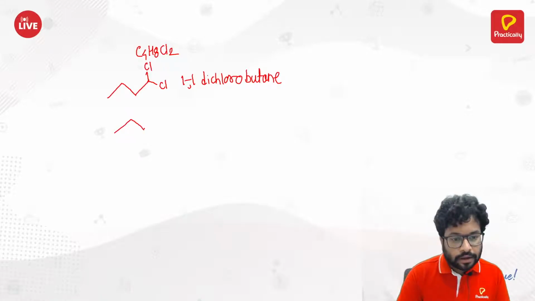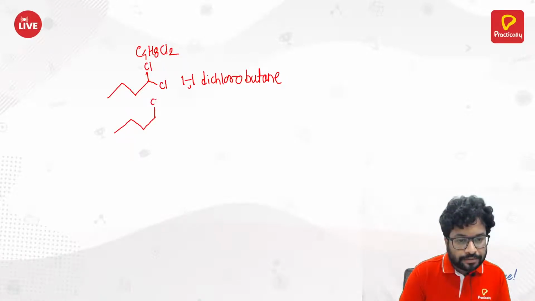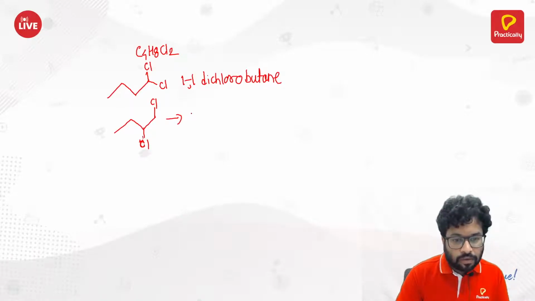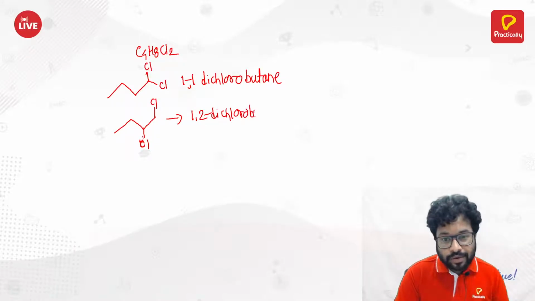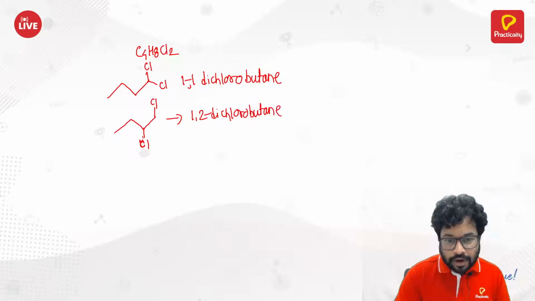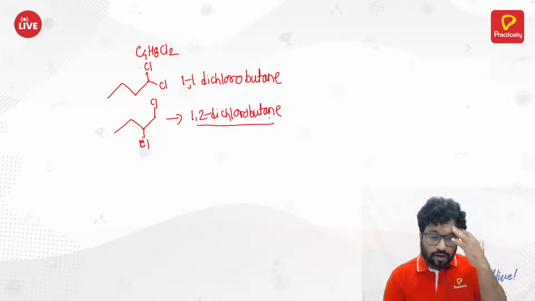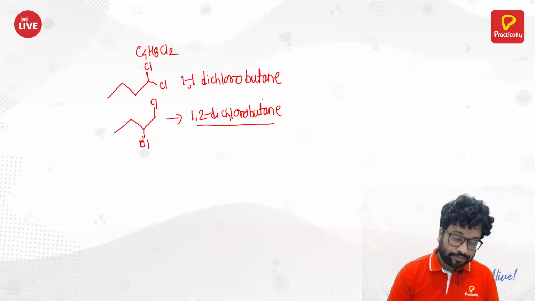Or get this chlorine. What do you name this compound now? 1, 2 dichlorobutane. 1, 1 dichlorobutane. 1, 2 dichlorobutane.